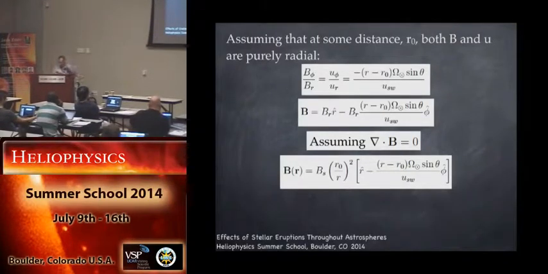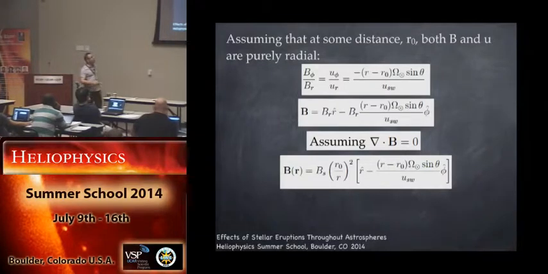So one thing to note is that there are several parameters here that will determine the particular magnetic field lines. We have this B_S, which is the magnitude. We have R_S, which is the point where we assume the field line is radial. You can think about this distance as the Alfvén point, where the velocity of the solar wind equals the Alfvén speed, so the field line is open.